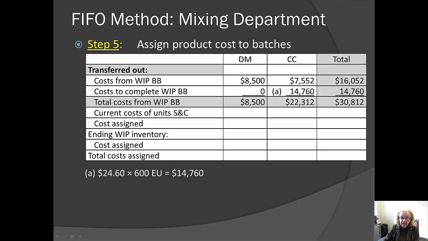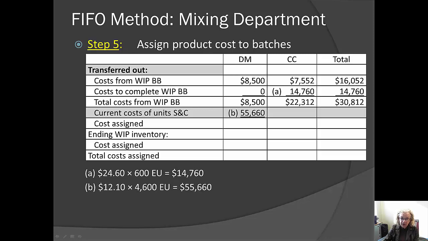Next, we need to consider the units that were started and completed in this period. Since they were both started and finished in this period, they must have gotten 100% of all of their costs in this period.